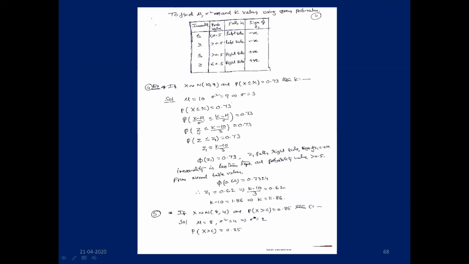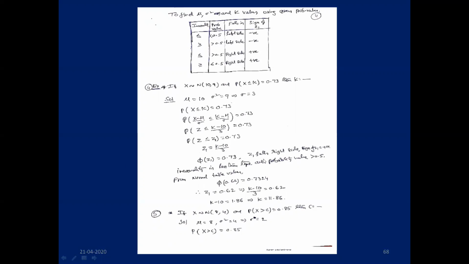Substituting, (k minus 10) by 3; let it be z1. So probability of z less than or equal to z1 is equal to 0.73, that is CDF of z1 is equal to 0.73.